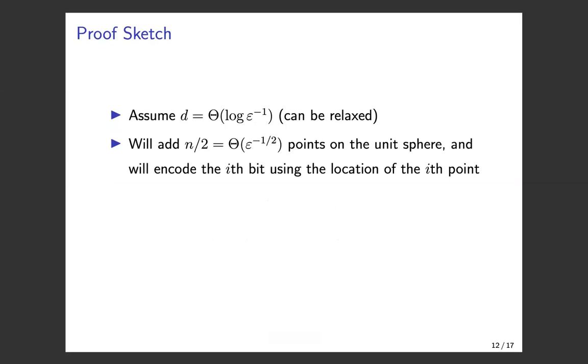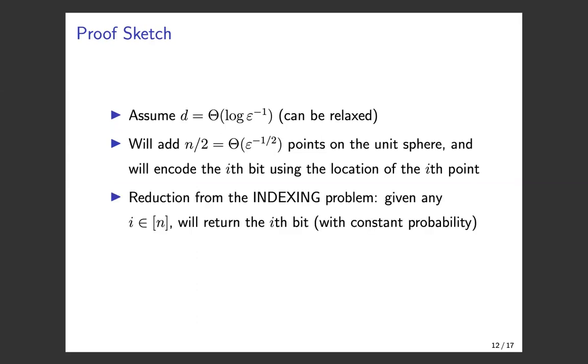And so Alice will add n/2 points. It'll be clear why I'm saying n/2 a bit later. Alice will add n/2 points to the unit sphere by encoding the ith bit using the location of the ith point.